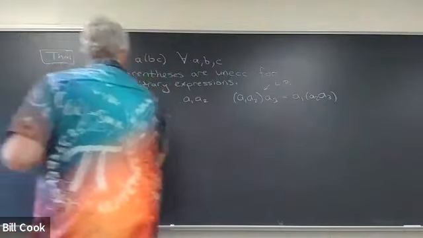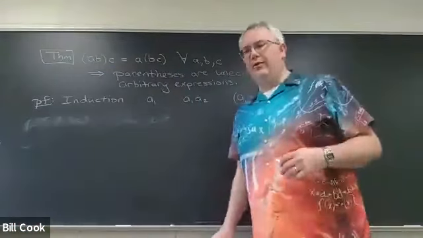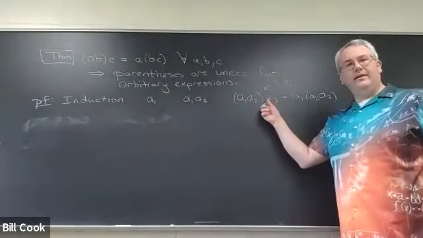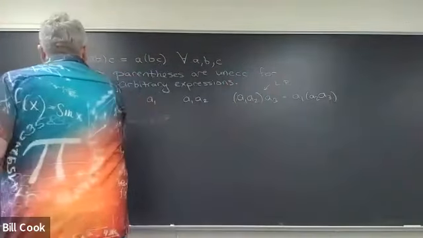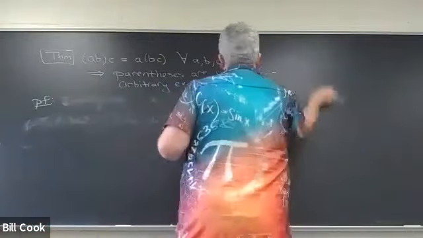Okay, so here we go. We're going to go by induction. For an inductive proof, we need our base case. There's our base case with three things. Let's now make an inductive hypothesis.